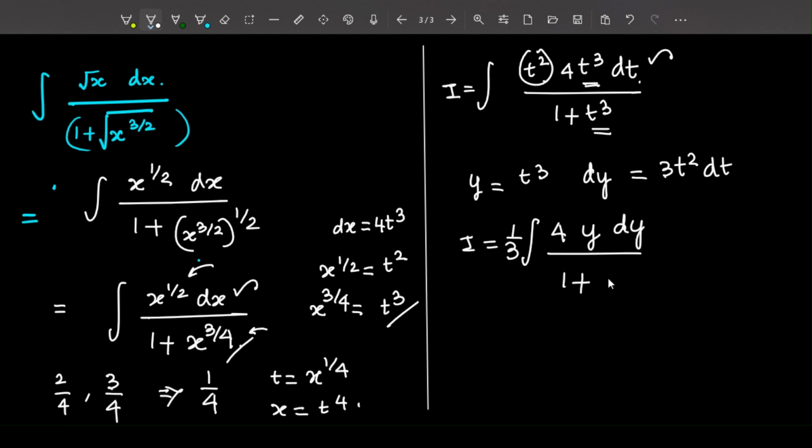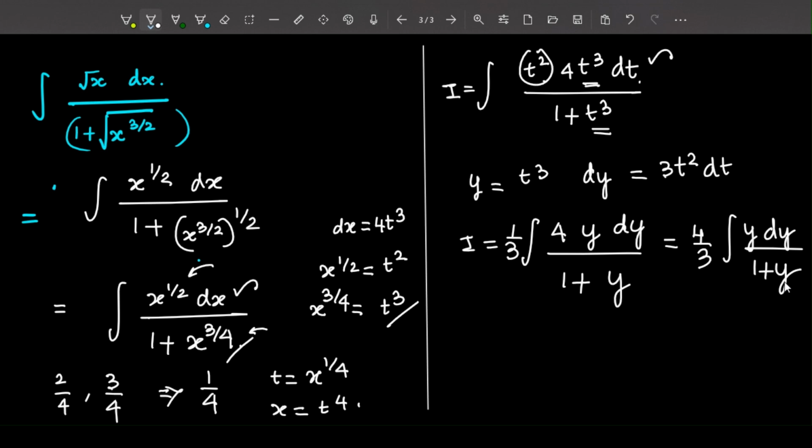So 1 plus t cube is just 1 plus y. And integration becomes easy from here on. So y dy divided by 1 plus y. So you can add plus 1 and minus 1 on the numerator, and split the common denominator between the terms and solve from here on.